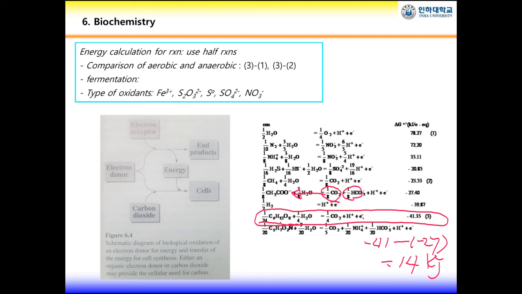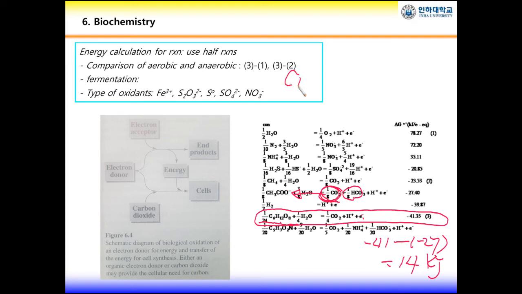So the energy available is quite close to the strict anaerobic case. But what fermentation really means is that this carbon dioxide is not a real electron acceptor. It's kind of an imaginary electron acceptor.